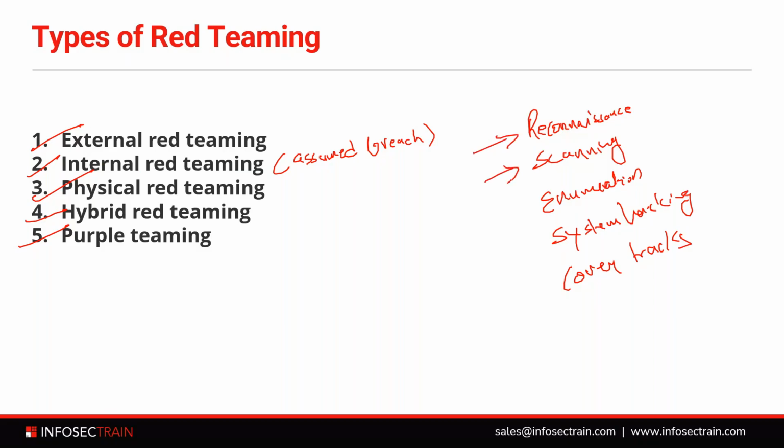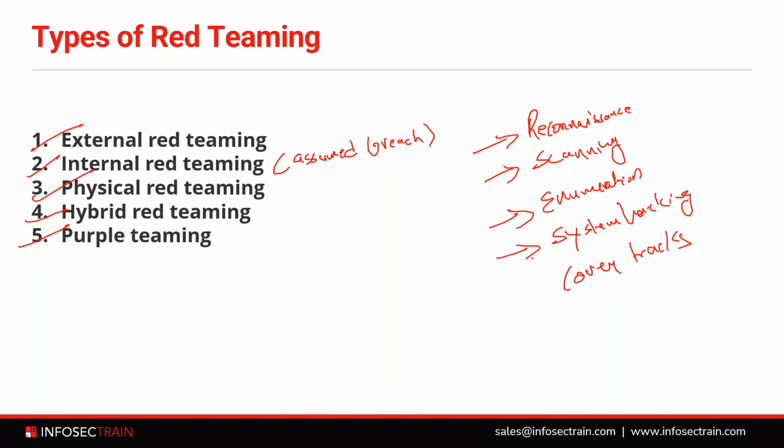Let's say you scan for open ports, you scan for vulnerabilities, the operating system being used. Then you will do the enumeration. So you will actively connect or actively communicate with the target, right? Now once you actively communicate with the target, you will find out more information. Then after that, you will do system hacking.